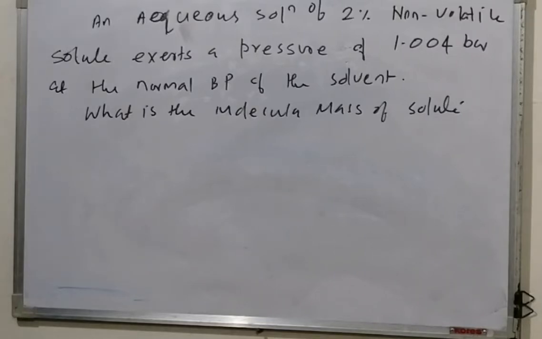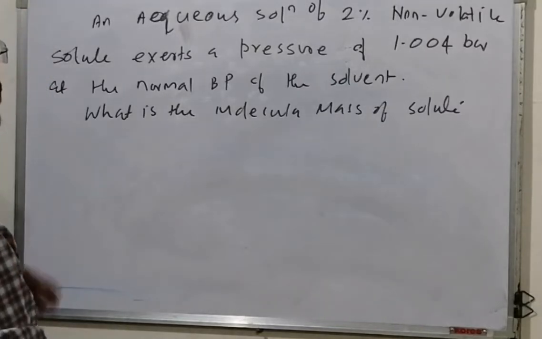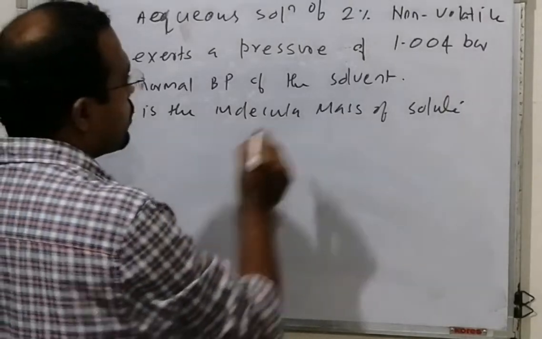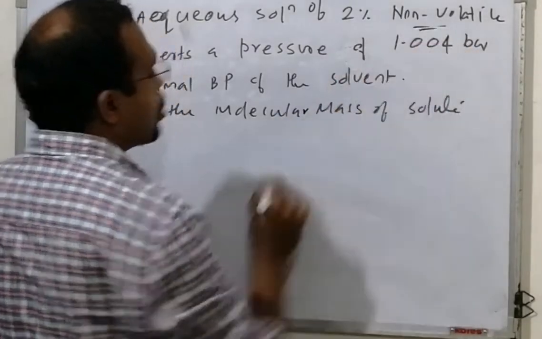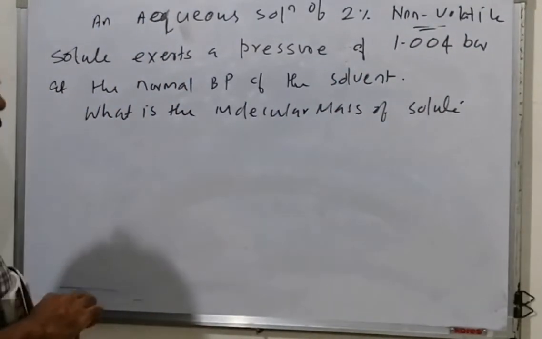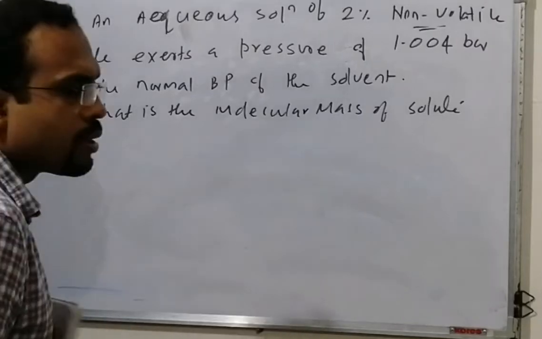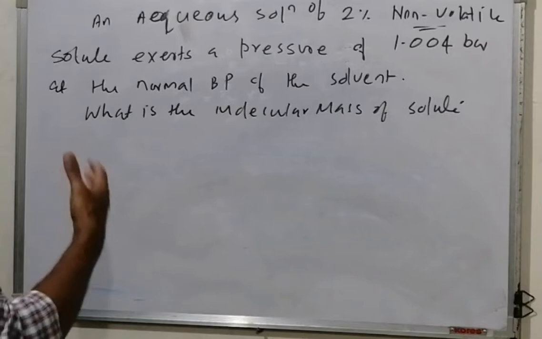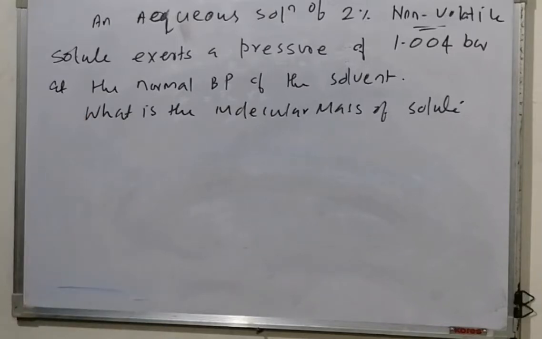An aqueous solution of 2% non-volatile solute exerts a pressure of 1.004 bar at the normal boiling point of the solvent. What is the molecular mass of the solute? Non-volatile solute is the keyword that gives you an idea that this numerical should be solved using relative lowering of vapor pressure.